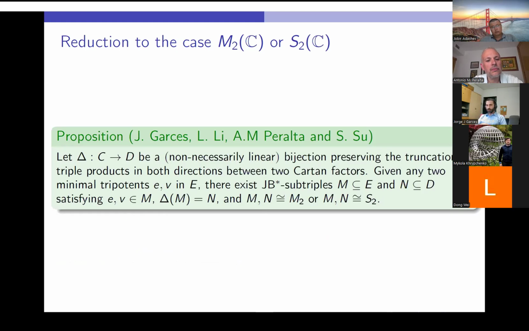What this means is that if delta is defined between two Cartan factors, whenever we take two tripotents, then we can find a JB star subtriple of this one here, and a JB star subtriple N here, such that delta sends M into N, such that these two tripotents are in M, and such that both M and N are isomorphic to M2 or S2.